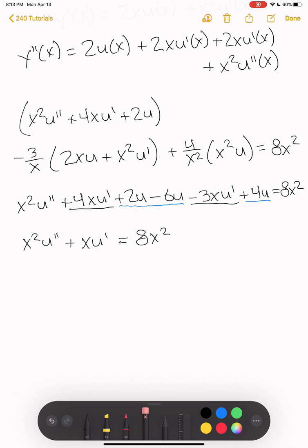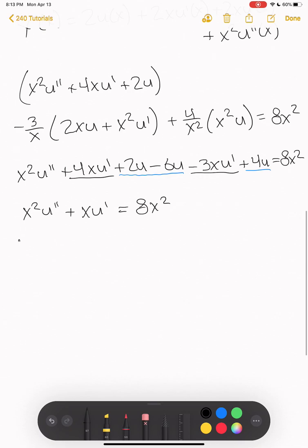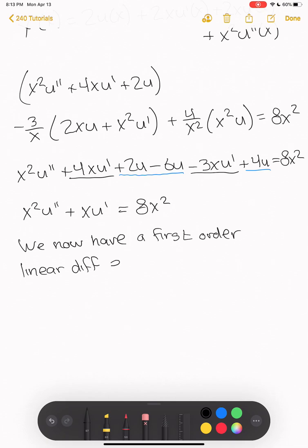So we now have, and I'll write this out, something we can solve using the integrating factor method.